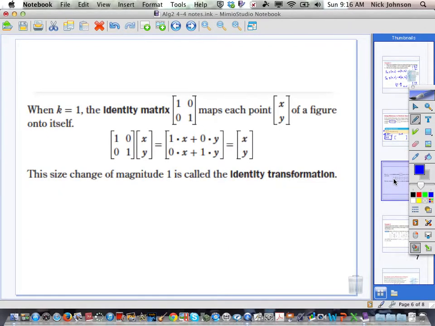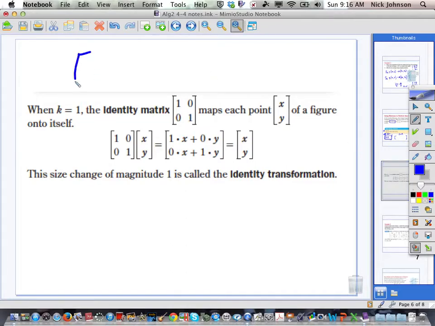When k equals 1, the identity matrix 1, 0, 0, 1 maps each point x, y of a figure onto itself. So this matrix gives you the original matrix.